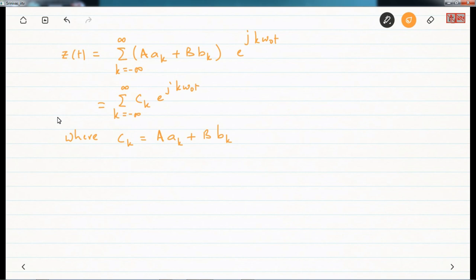So simply the Fourier series coefficients of z of t are this. So we can write a x of t plus b y of t has coefficients a ak plus b bk. This is nothing but the property of linearity.